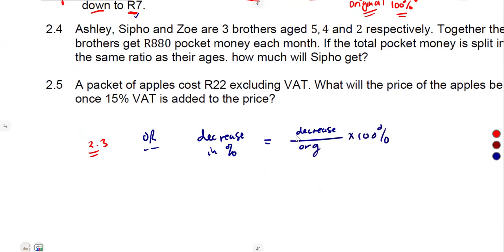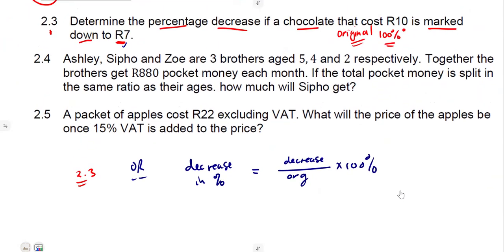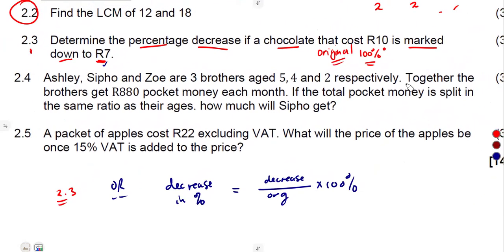So here, what is our decrease? Our original value is 10 rand. What is the decrease? It was marked down to, this is not our decrease, no. It is the final price, to say now we are selling the chocolate at 7 rand.